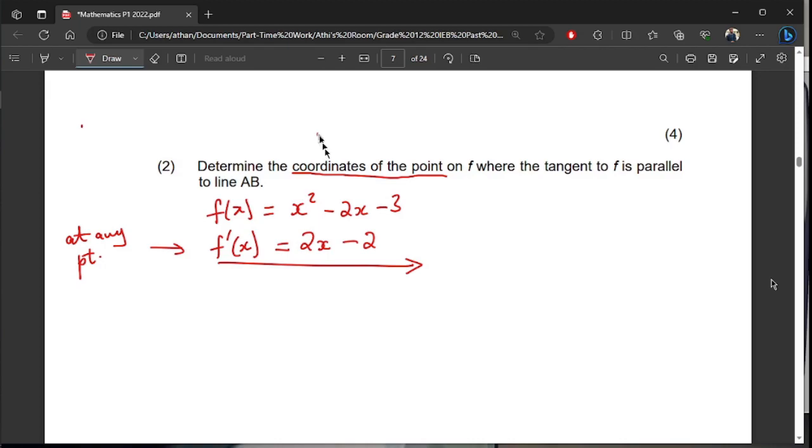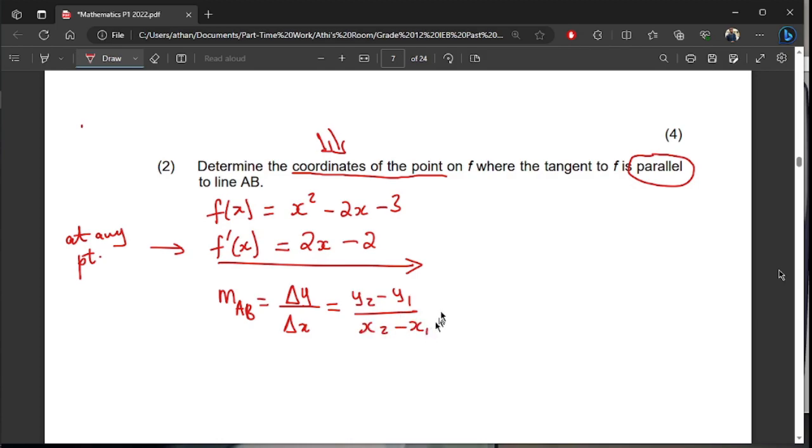But remember, the question says to look for the coordinates. Another clue is that our tangent is parallel to line AB, meaning we have to find the gradient of line AB, which we find by saying delta y over delta x, that is y2 minus y1 over x2 minus x1.